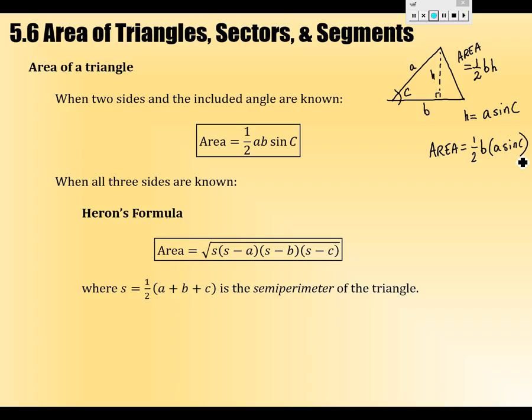But this is cool because it's a result that doesn't rest at all on any of the angle measures. It's just plug in the sides and go. Heron's formula. It's half the perimeter, so 1/2 times A plus B plus C.